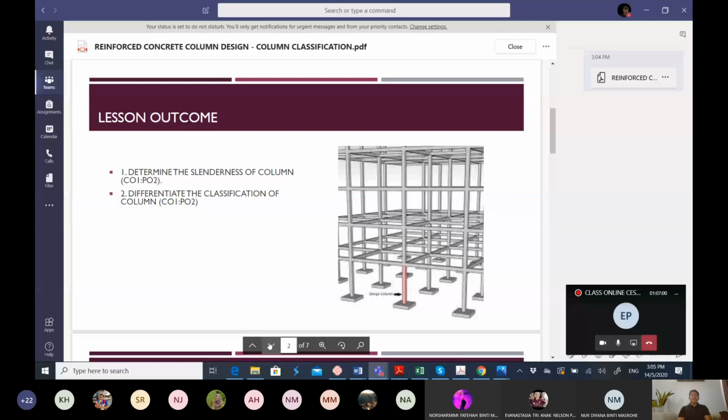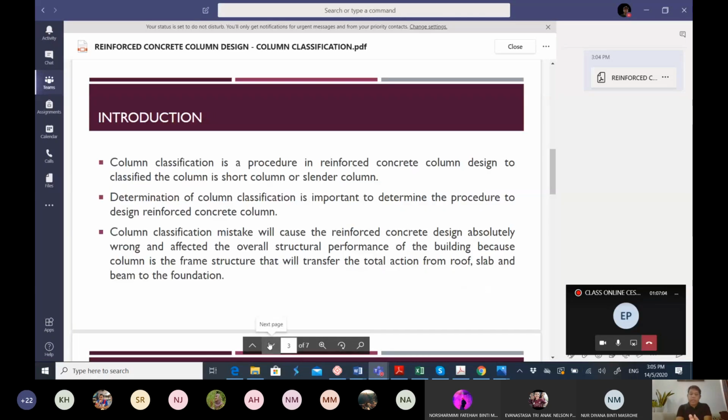Column classification is a procedure in reinforced concrete column design to classify whether the column is a short column or a slender column. Determination of the column classification is important to determine the procedure to design the reinforced concrete column, because the procedure to design a short column and a slender column is different.